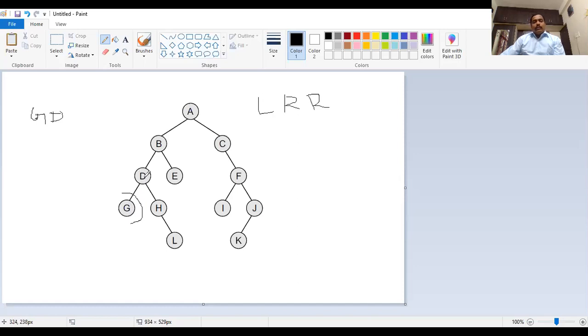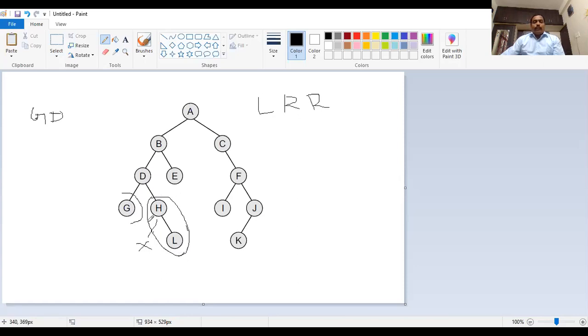Now we will go for the right side. What is the right side? The right side is another part, H and L. How can we perform it here? Again left, root, right. For H there is no left child, but a right child is there.